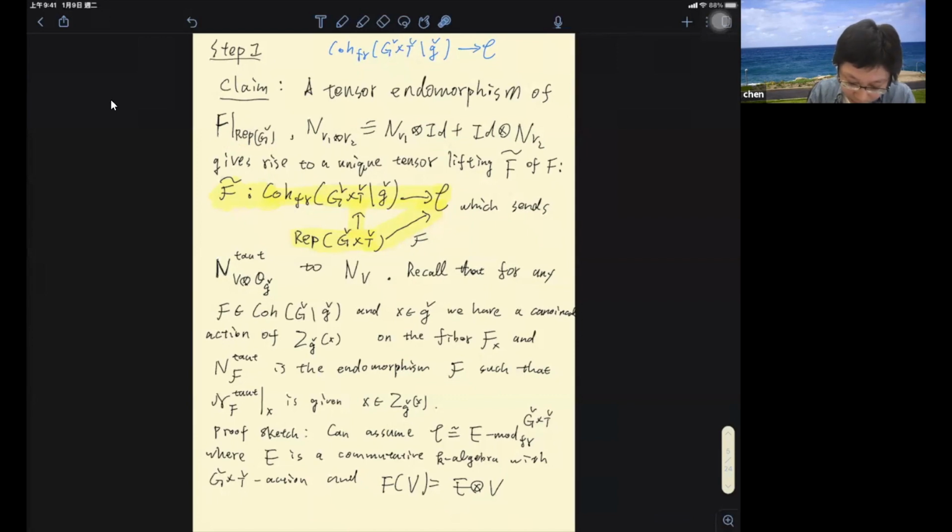Tensor endomorphism means that it satisfies this identity. And any such tensor endomorphism will give rise to a unique tensor lifting of our functor F.